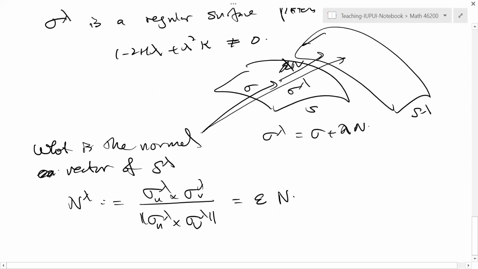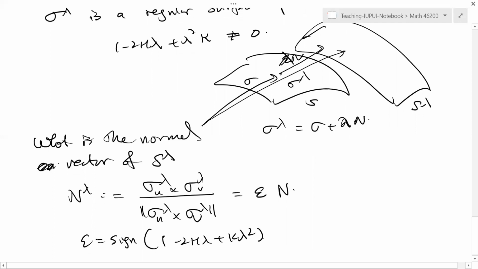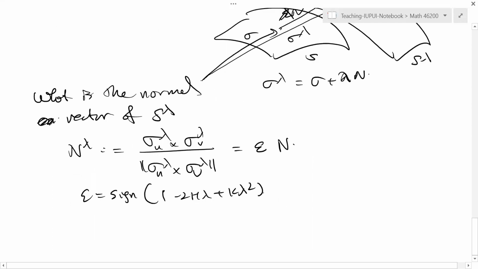It's the same, okay? Where epsilon is going to be the sign of 1 minus 2h lambda plus k lambda squared. It could be negative, could be positive, but this is not going to be 0.